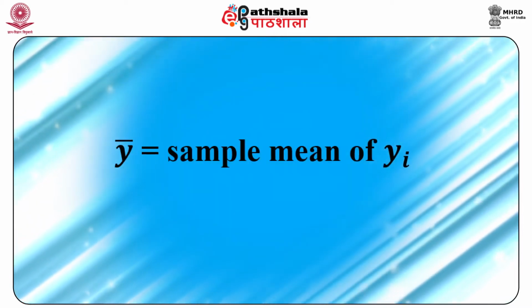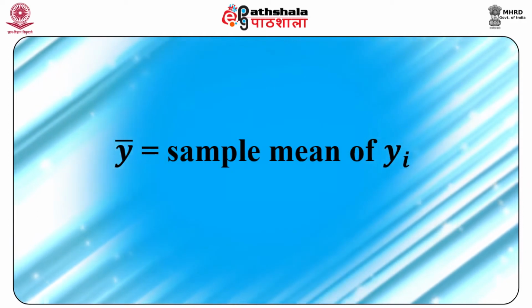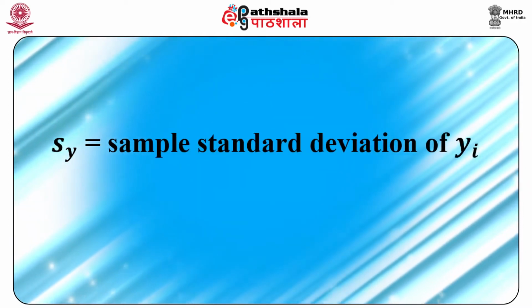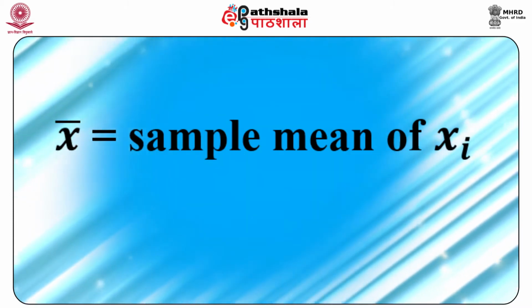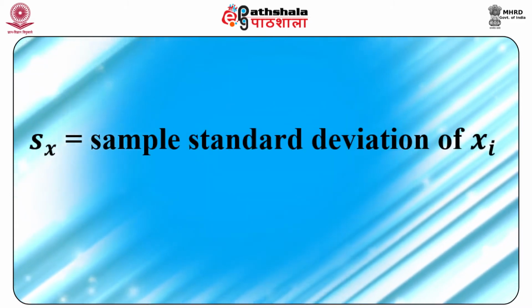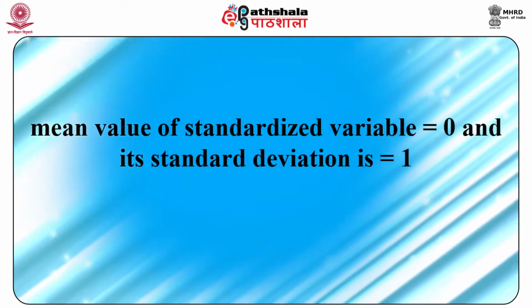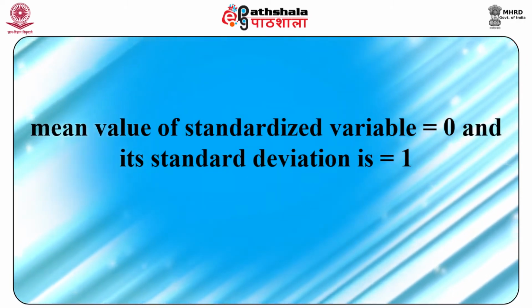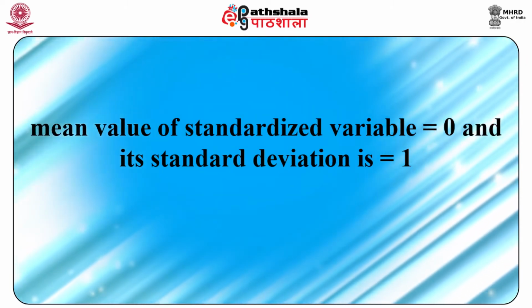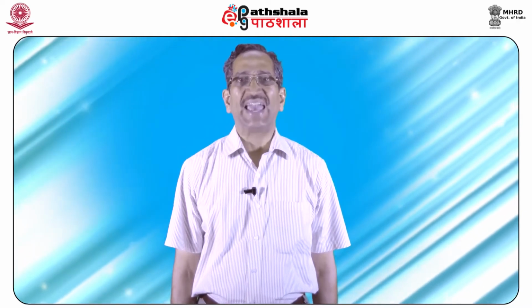So y bar is equal to the sample mean of yi, sy is the sample standard deviation of yi, x bar is the sample mean of xi, and sx is the sample standard deviation of xi. The mean value of a standardized variable is always 0 and its standard deviation is always equal to 1. That is why they are known as standardized variables.